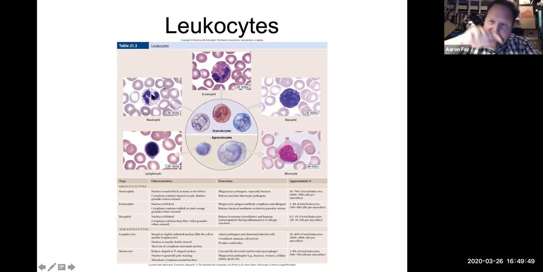They may have 4 or 5 lobes or little chunks to the nucleus. It looks sometimes like a string of sausage. That is one of the ways you can identify a neutrophil. Very common, dark blue granules, multi-lobe nucleus. Very important for fighting bacterial infection.